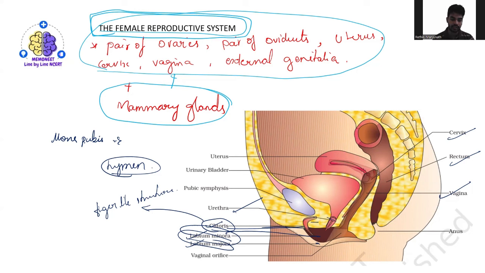Sometimes whether a woman is a virgin or not is judged by the presence of the hymen. If the hymen is not torn and is still there, that means the girl is a virgin.